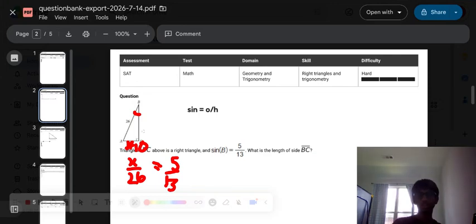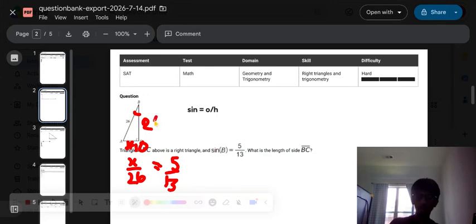Your 5, 12, 13 is just like a set of triplets that make up a right angle triangle. And some of you would also know that by multiplying by a certain amount, you can still get the same triangle. If you know this, you would figure out that this is your 24.